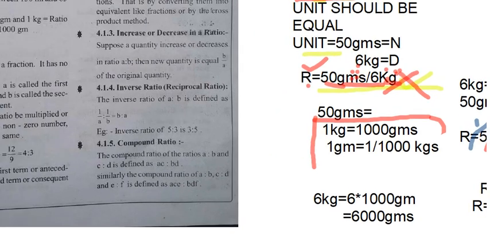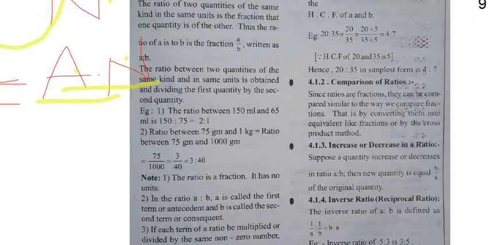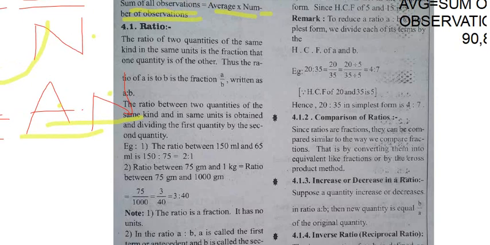On the board, in this topic, the ratio of two quantities of the same kind in the same units is the fraction that one quantity is of the other. So those two should be in one unit, not different. Thus the ratio is A is to B, which you can write in the form of A by B or as A is to B.